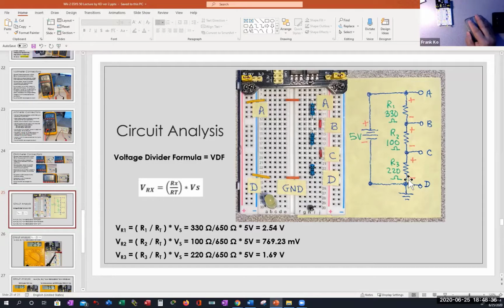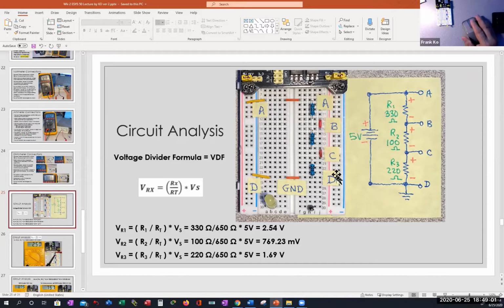Do I have the bottom of R3 hooked up to the bottom of my source, which is also negative? So does the polarity of the source guide the polarities across my resistors? The answer is yes. How do we polarize resistors in any circuit? We have to look at the polarity of the voltage source. Okay, so far so good. That's how the polarities work out.